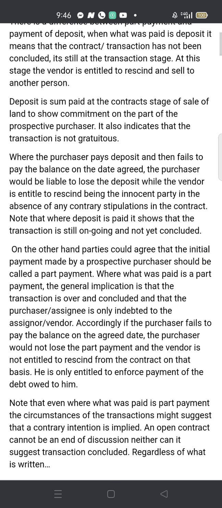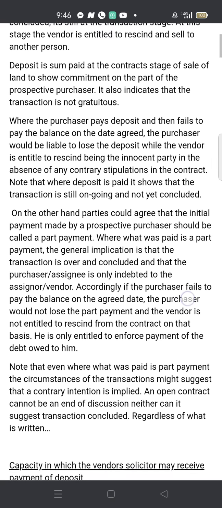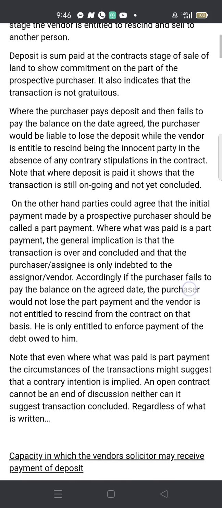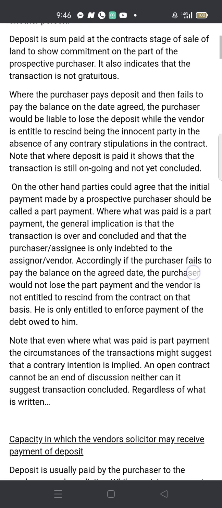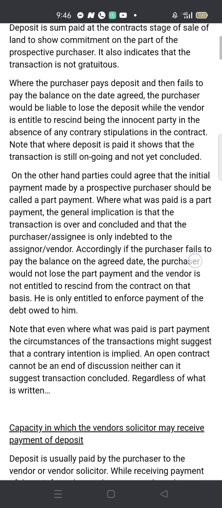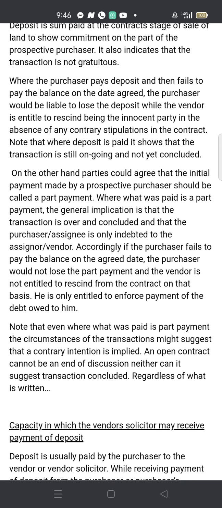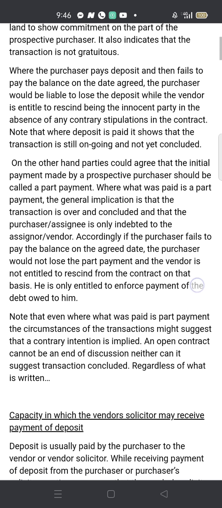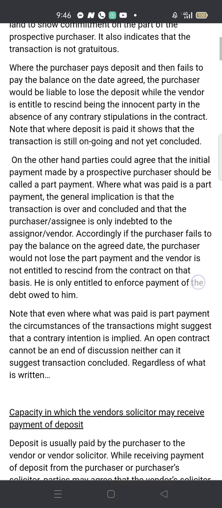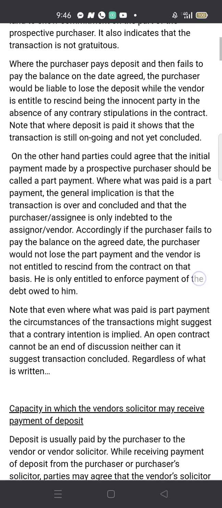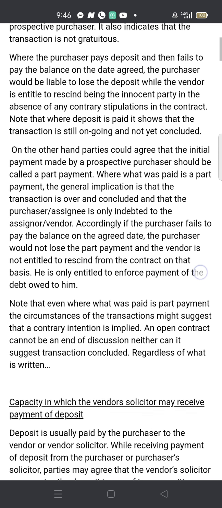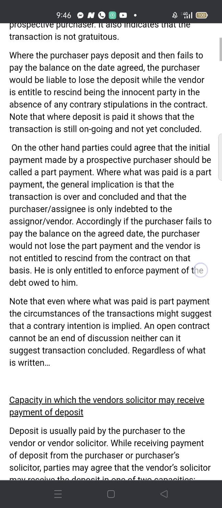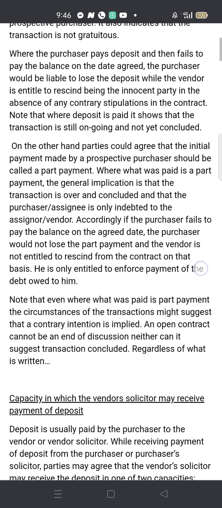So let's continue now. On the other hand, parties could agree that the initial payment made by a prospective purchaser be called a part payment. Where what was paid is a part payment, the general implication is that the transaction is over and concluded, and that the purchaser or assignee is only indebted to the assignor or vendor.